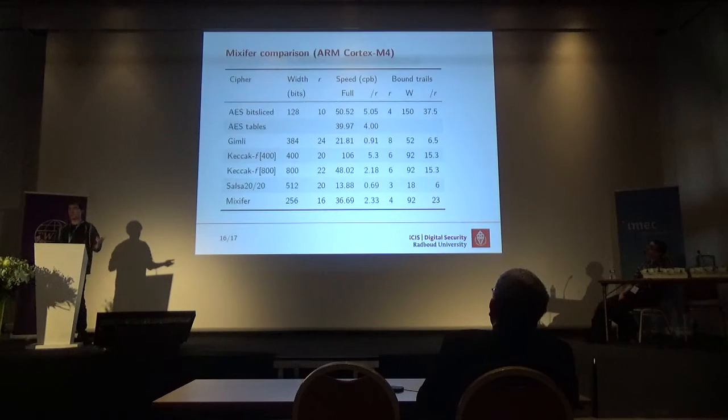Then if you compare this in this specific architecture, I'm not trying to claim that Mixifair is better than any of them, but just if you look at this specific architecture, then we think that we can get a really good trade-off between, on the one hand, still quite a decent implementation speed, but on the other hand, quite strong bounds on trails. And we think that this trade-off is a nice place in this design space to be at. So here we normalized per round to see what the strength of a round is.